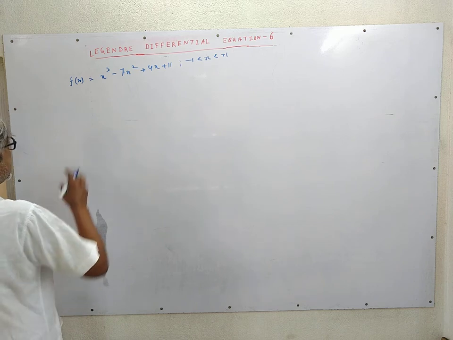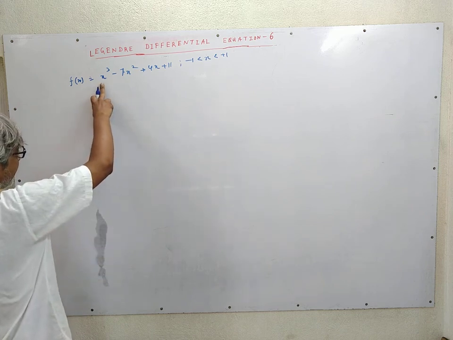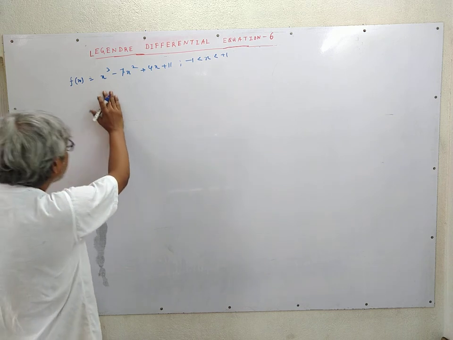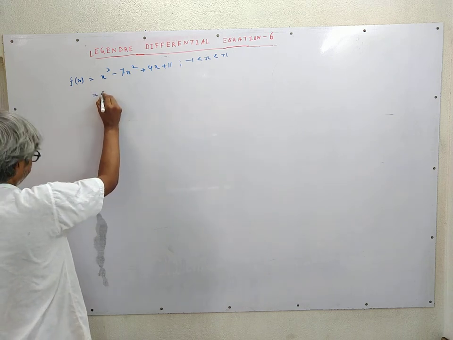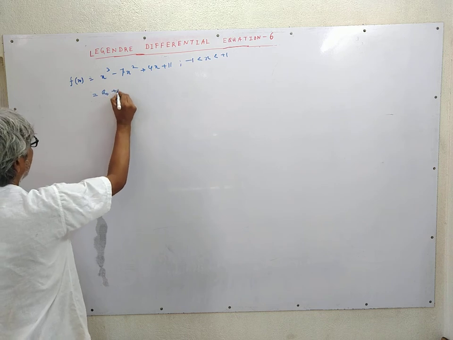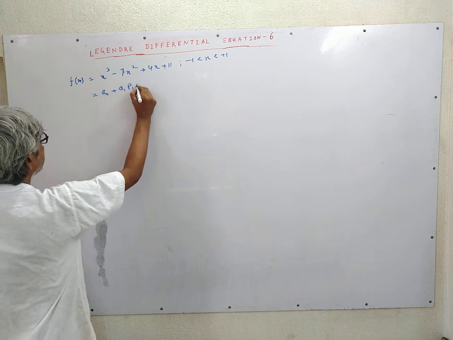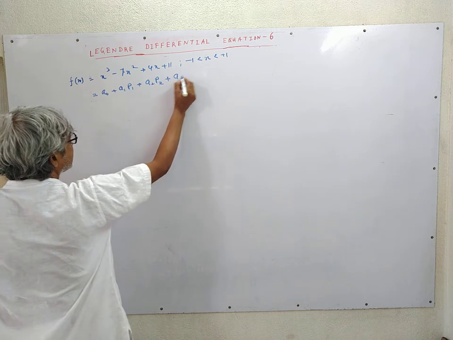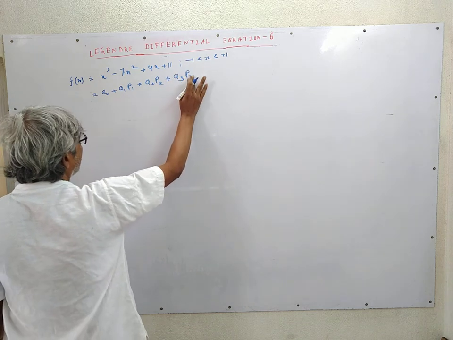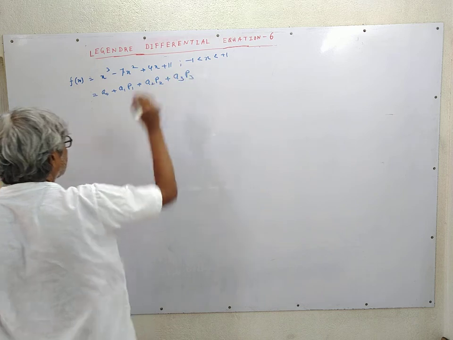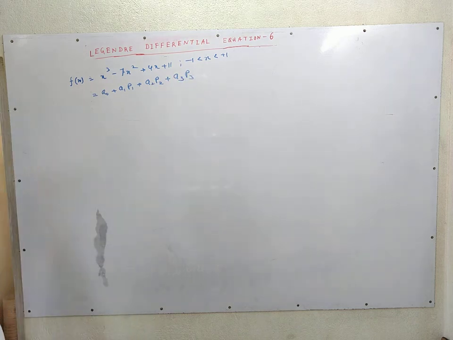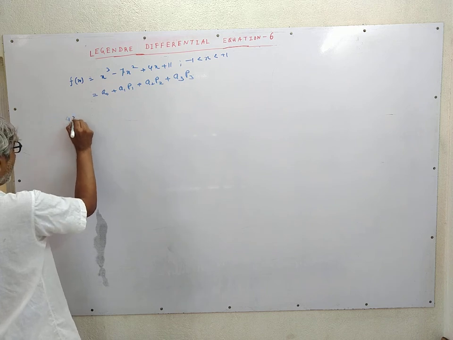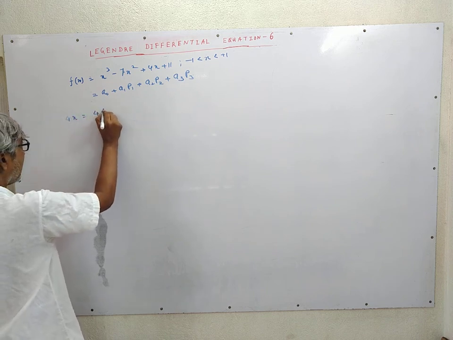You see the highest power of x is 3, so the maximum polynomial that will be involved is P3. So we write it as a0 P0 plus a1 P1 plus a2 P2 plus a3 P3, no more higher terms, as has been explained. Now coming to the 4x term: 4x is equal to 4 times P1.